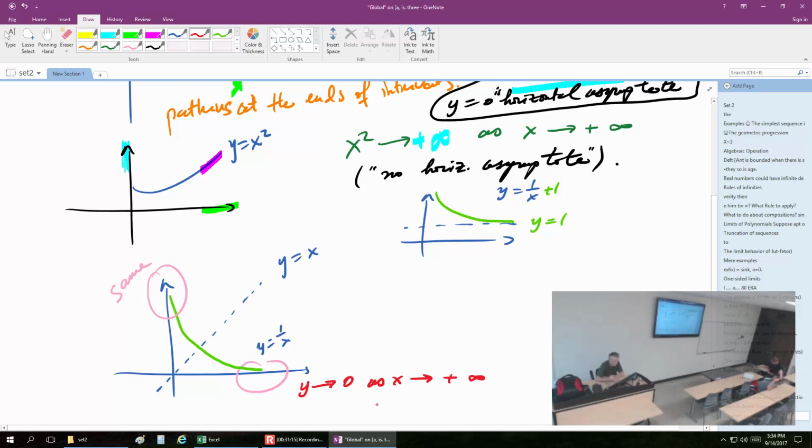What's happening is x and y have been flipped, right? So take that statement at the bottom and replace x with y and y with x. Then it will be x goes to 0 as y goes to plus infinity.